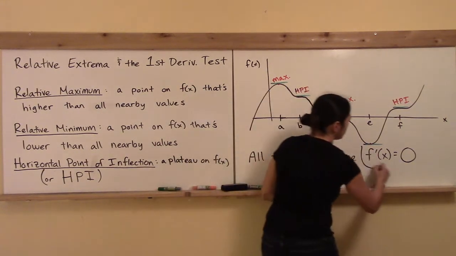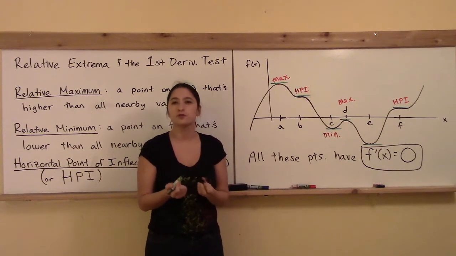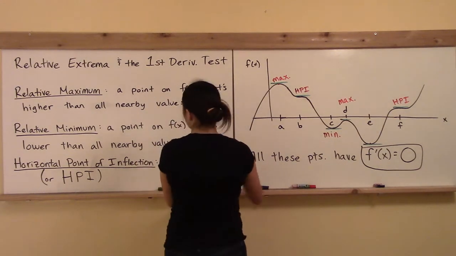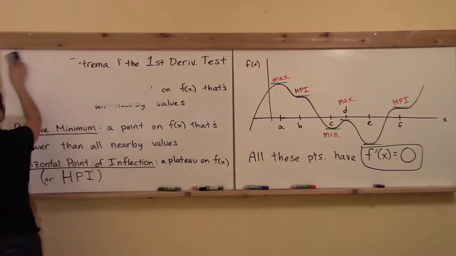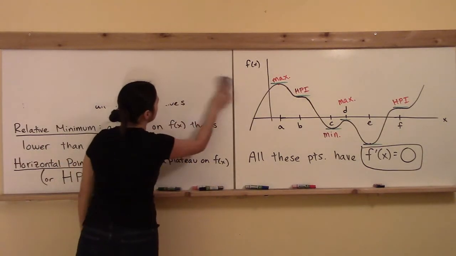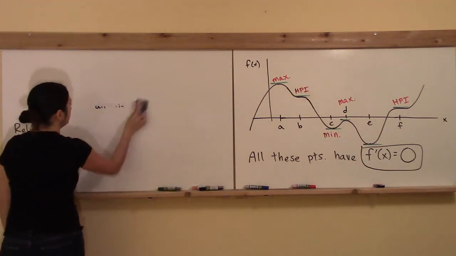And so this is a very special property with which we are going to define what we call the critical points. Now, each of these three things that I've defined over here are called critical points. So let me give you the definition in general of how to find a critical point.